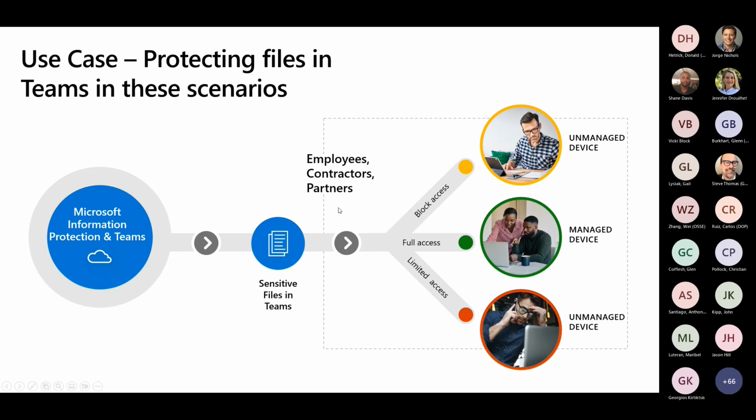Maybe we want to allow full access to users if they're on a managed device, but there are scenarios where we want to allow limited access if they're coming in on an unmanaged device. On the other side of that coin, if the team site has highly sensitive information, we might want to block access entirely if they're using an unmanaged device.